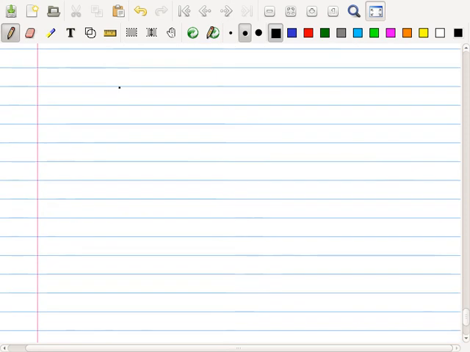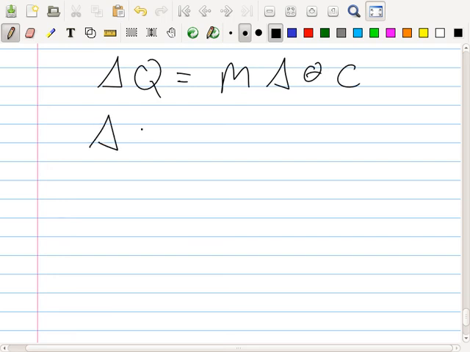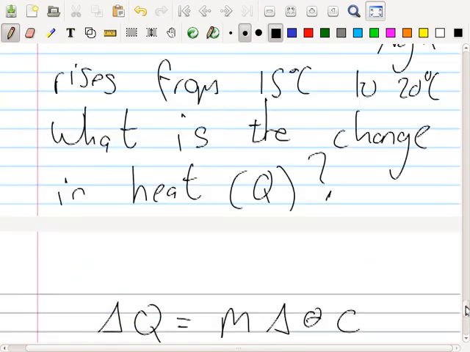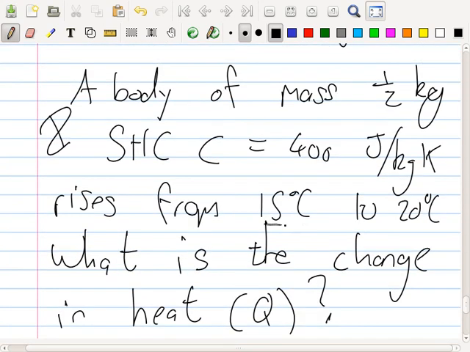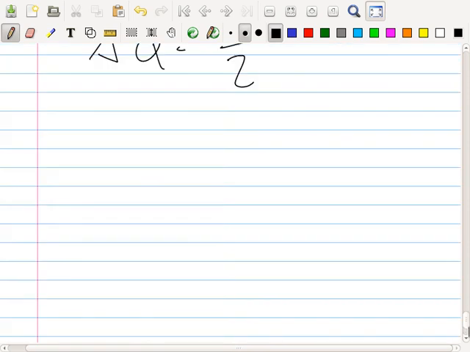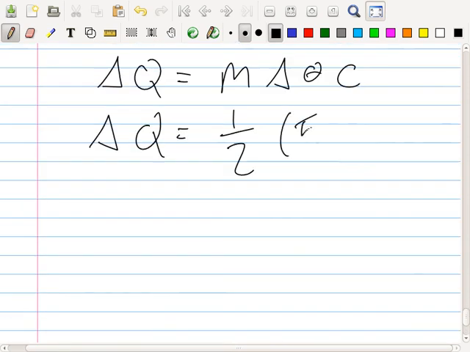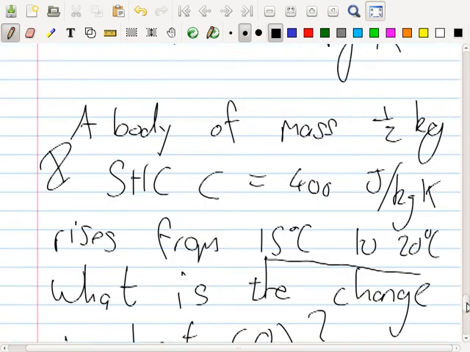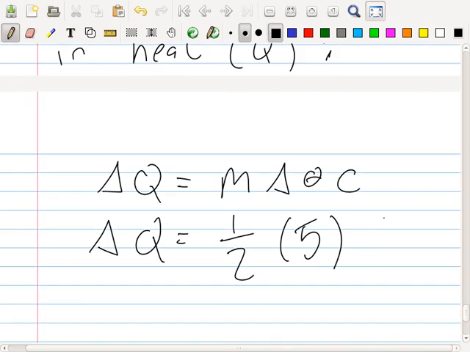Our formula is delta Q equals M C delta theta. You want the change in temperature. That's a half, and the change is 5. And then what's the specific heat capacity? 400.